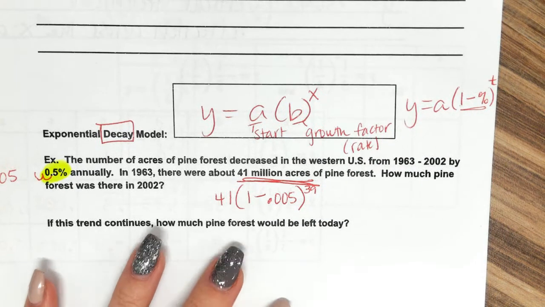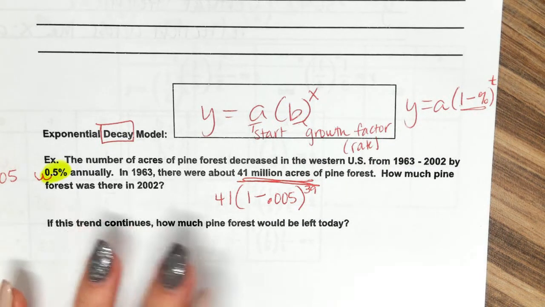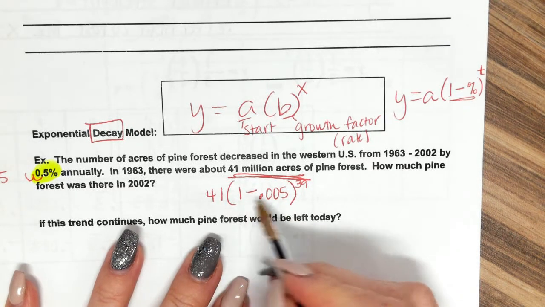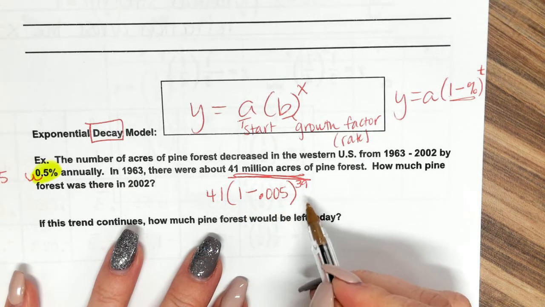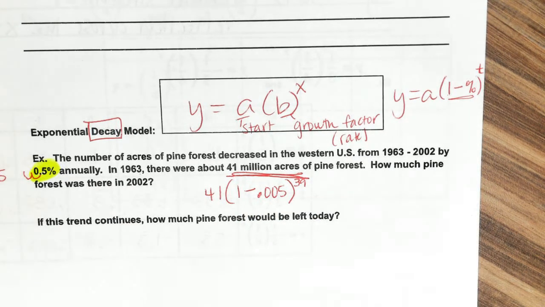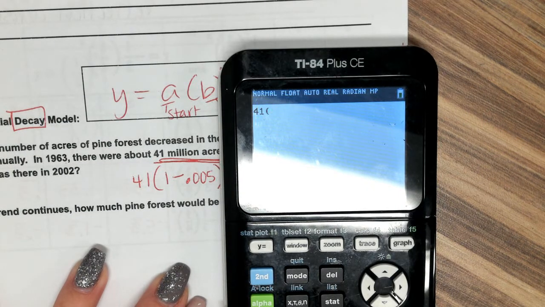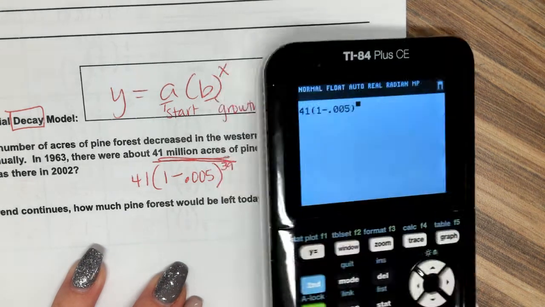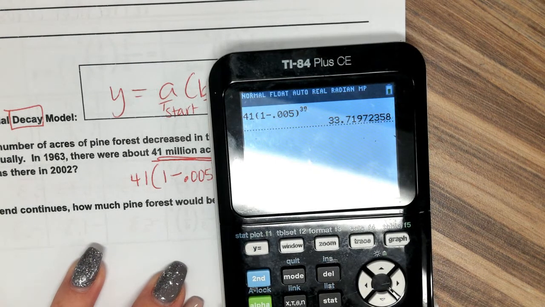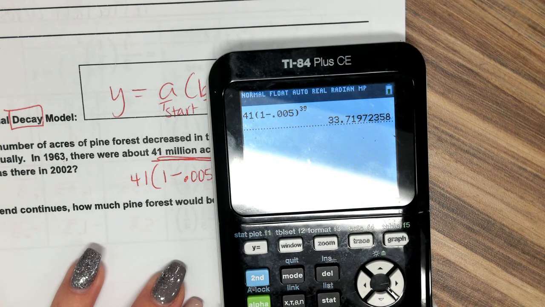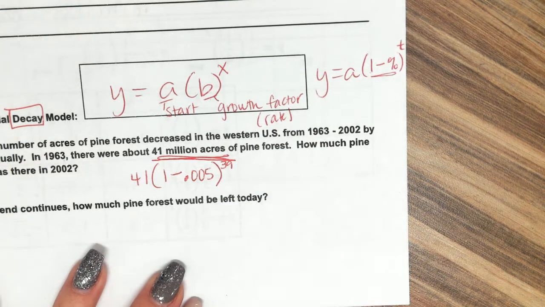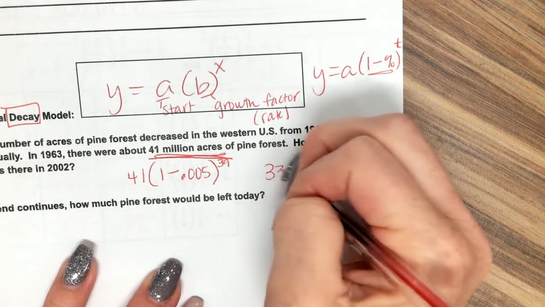And then I'm simply going to type that in. Now, could I have gone ahead and done 1 minus 0.005? Yes. But I could also just leave it like this, and I could do 41, open parentheses, 1 minus 0.005, close parentheses, to the 39th power, and that's 33.7, and then you have to remember to put that million on there.